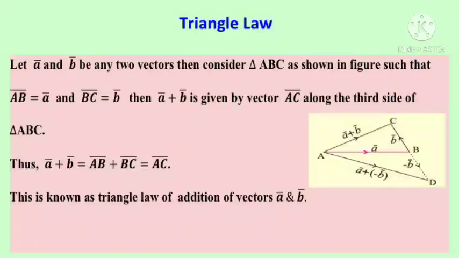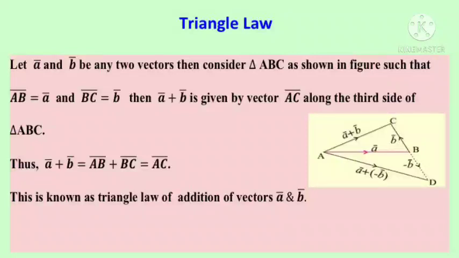What is the triangle law? Consider a triangle ABC. See in the diagram. The side AB is called vector a bar. The side BC is called vector b bar. So you have two vectors a bar and b bar along the two sides of the triangle. Then the vector AC bar along the third side of the triangle is given by the addition of the two sides, that is AB bar plus BC bar is equal to AC bar.